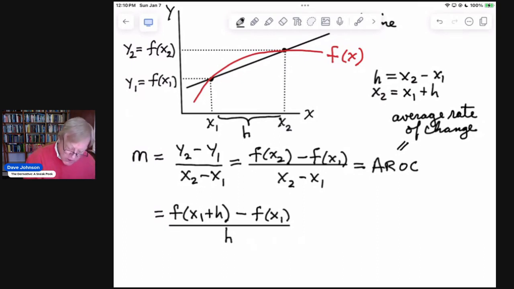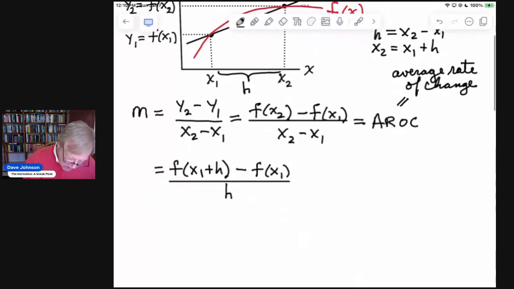The next thing I want to do is relax the constraint that x1 and x2 are fixed points. In other words, I want to remove the subscript on the x1. Let's get rid of the subscript on x1.